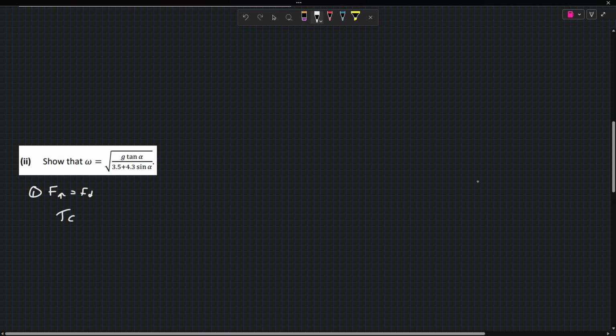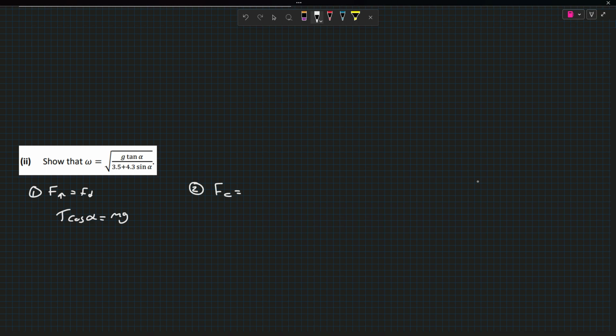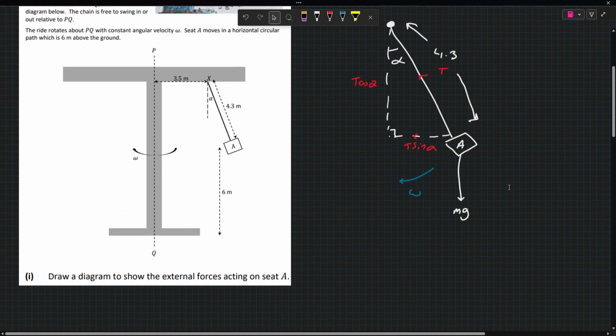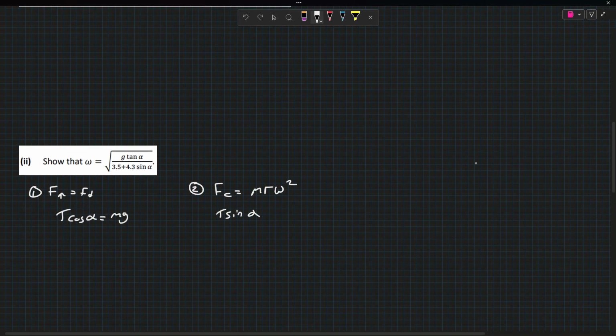So T cos alpha is mg. The second equation is that the centripetal force inwards is m r omega squared, because we're looking for omega. So the inward force is T sine alpha, and this is equal to m r omega squared.